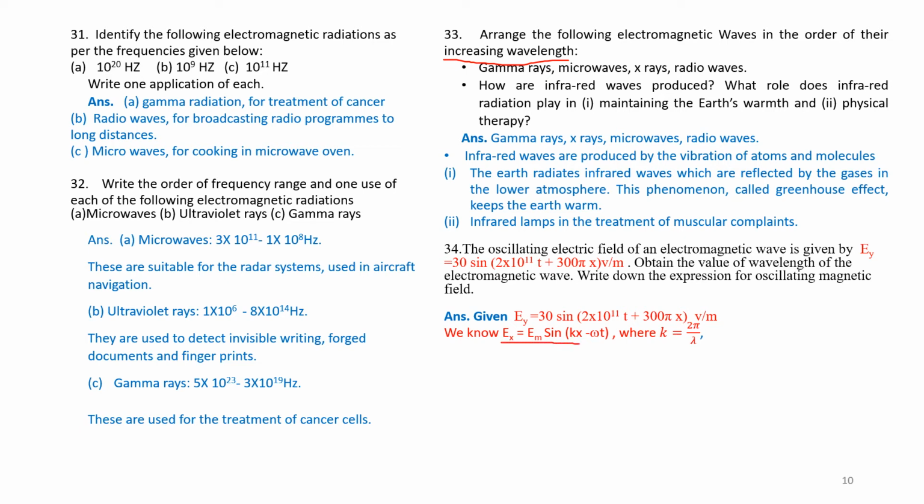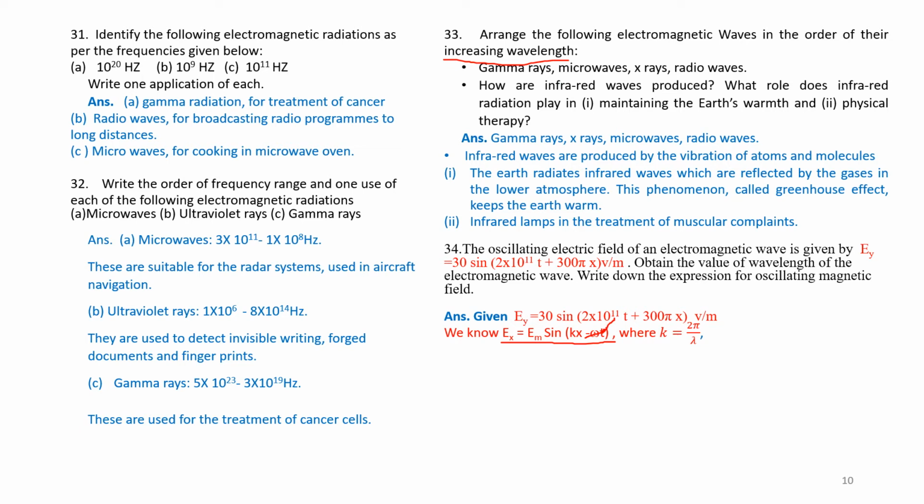If you compare with the given equation, the term t after sine comes first and the term x comes second, whereas in the standard equation the coefficient of x comes first and the coefficient of t comes next. You have to compare them properly, this with this and this with this.